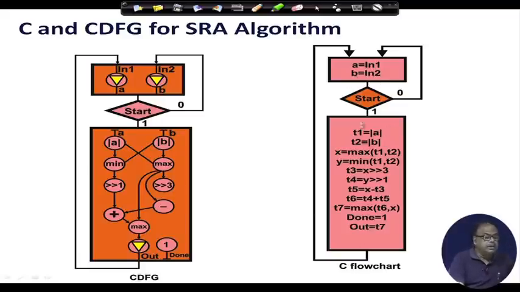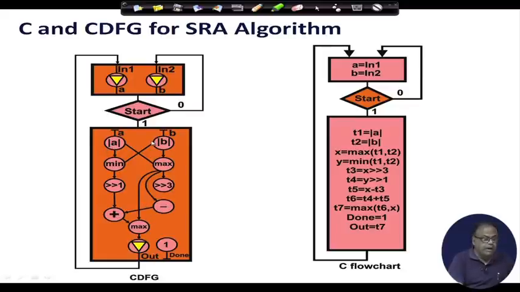Here we are showing a C flowchart, sort of C steps, and here we show a control and data flow graph, CDFG. Now, in the CDFG, unlike the FSMD, where we had shown all the data operations explicitly, here we only show the operations.